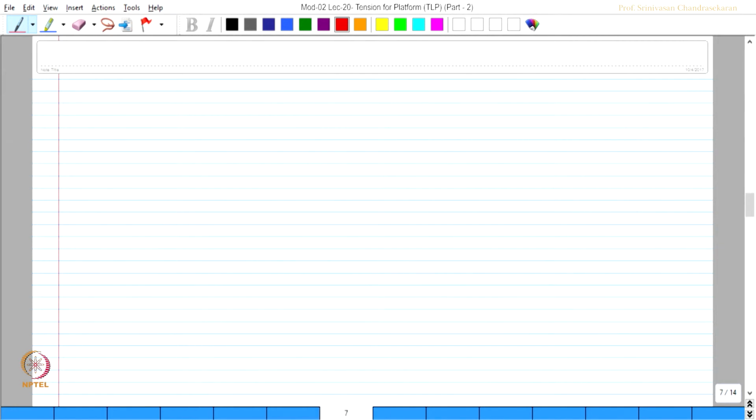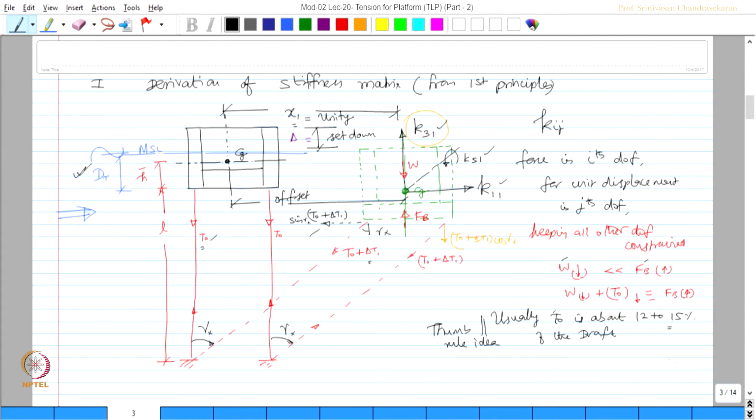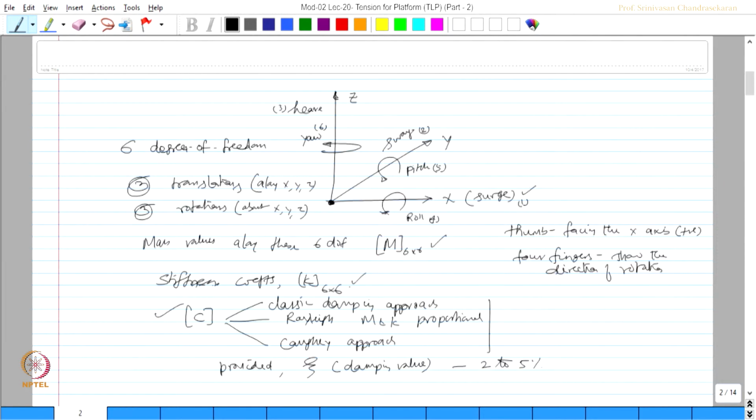Similarly, we can do for the sway direction. So, look at this figure. If you look at this figure, we have given displacement x1 along surge. So, now I should give displacement x2 along sway, where sway is along the y axis.